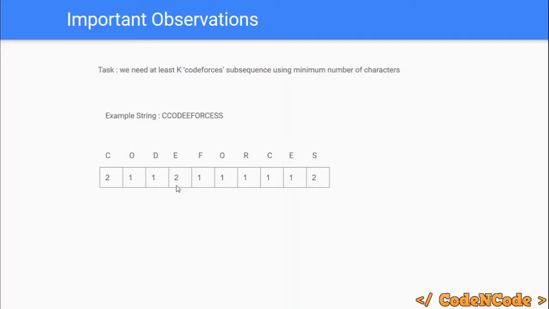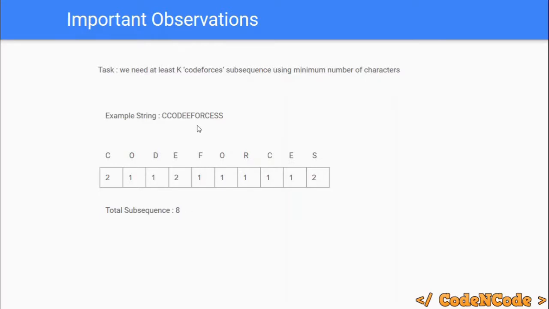Similarly for F, O, R, C, E I have only one choice, because all of these characters appear exactly 1 time, while S appears 2 times. So the total number of combinations, or basically the total number of subsequences you can form which are equal to codeforces, is 8. That is 2 times 1 times 1 times 2 times 1 times, and so on. Just multiply all of these integers and the total will be 8.